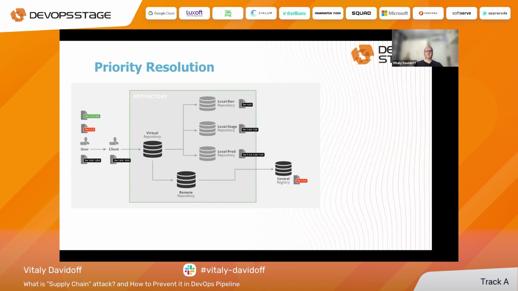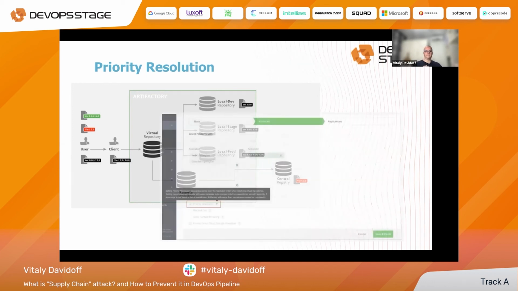Here, we can control this process. We can say, I only want to first find this package and this version in my local repositories, and if it's not there, only then go to the remote repositories and find it there. In this case, we call it priority resolution.